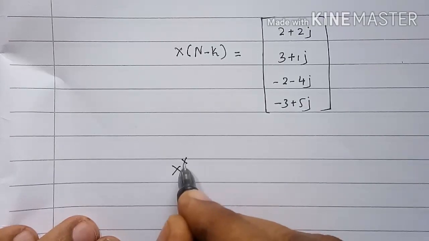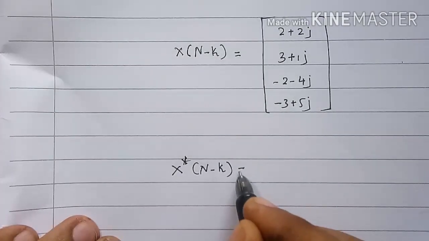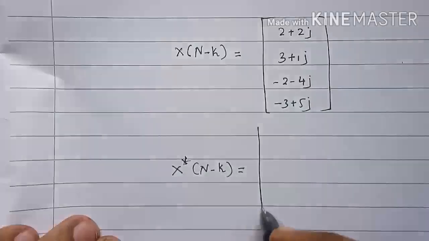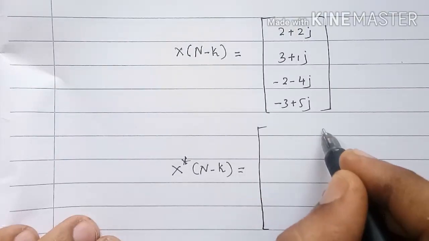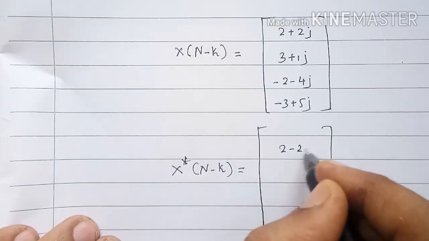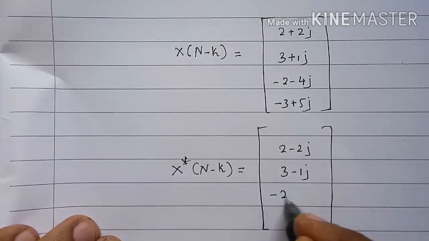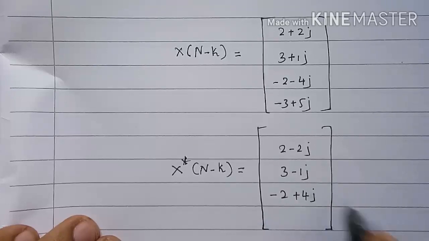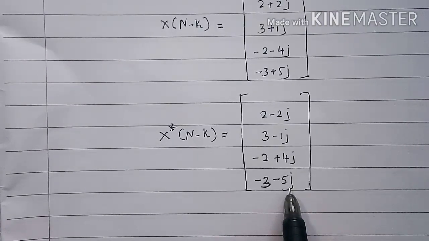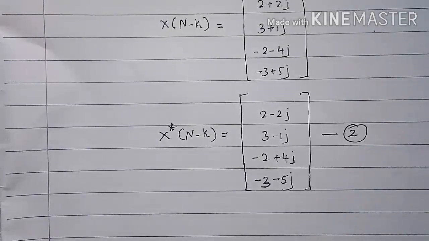Now taking the complex conjugate of x of N minus k, we get 2 minus 2j, 3 minus 1j, minus 2 plus 4j, minus 3 minus 5j. Now let us call this equation 2.